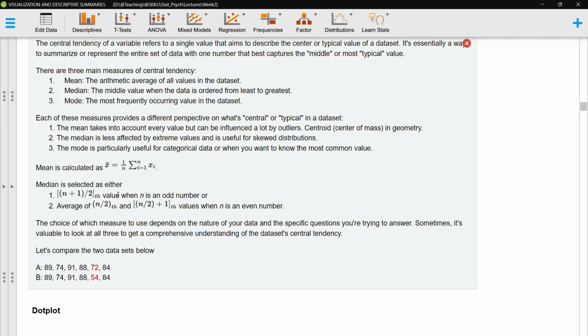So you have some sense, right? If we have 5 different values in our data set, the third one is the middle one in terms of the order of the location, right? If we have 3 observations, 3 plus 1 divided by 2, the second value is the median, right? Does it make sense?